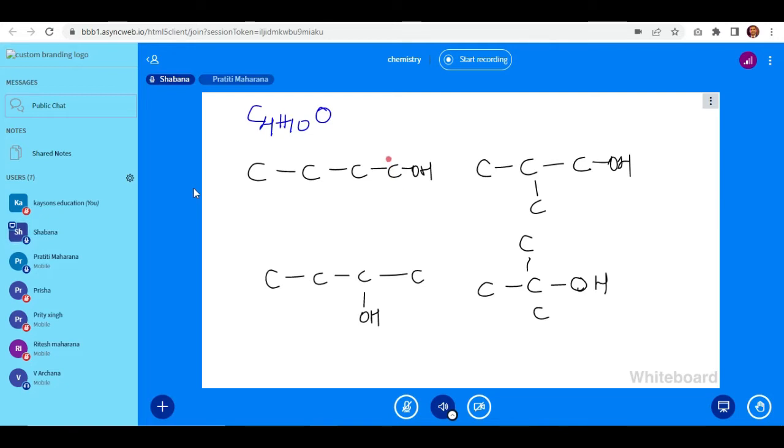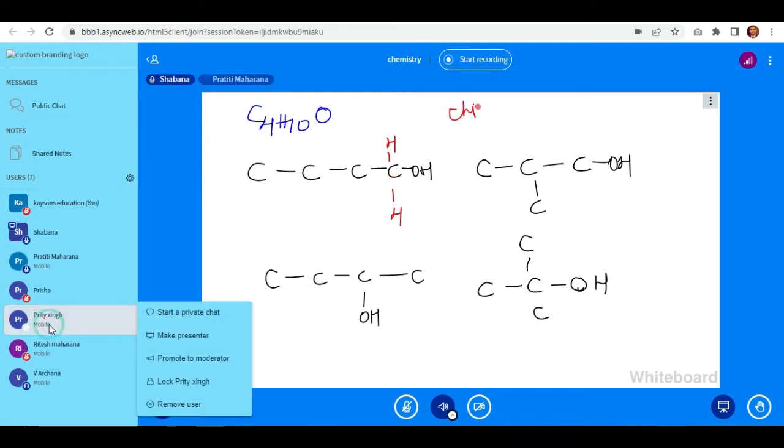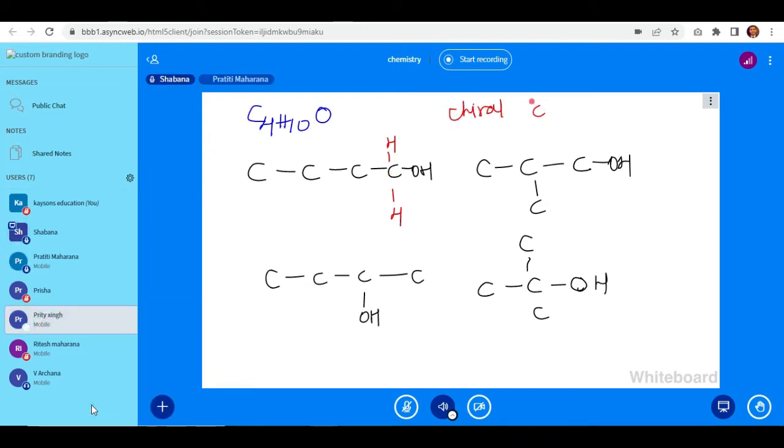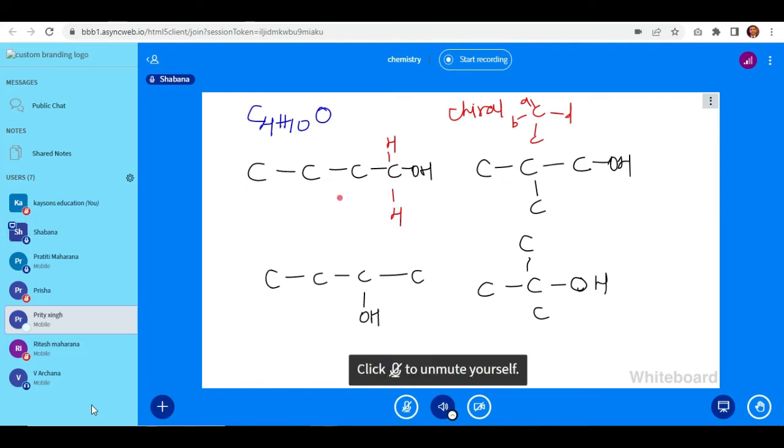Suppose I'm taking this carbon, there are hydrogens. So what is a chiral carbon? The carbon which is attached to four different groups like A, B, C, D. Here you can see two hydrogens are common, so no chiral carbon. Here again two hydrogens, not chiral. Here OH is attached.